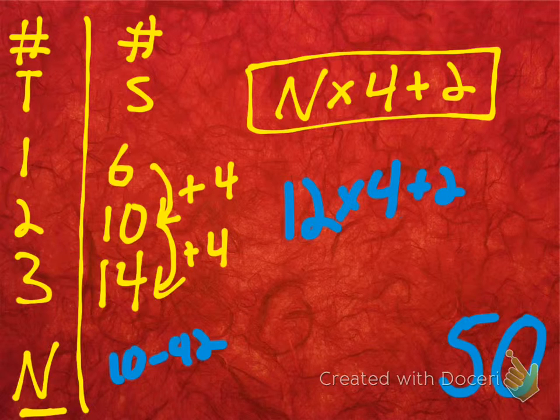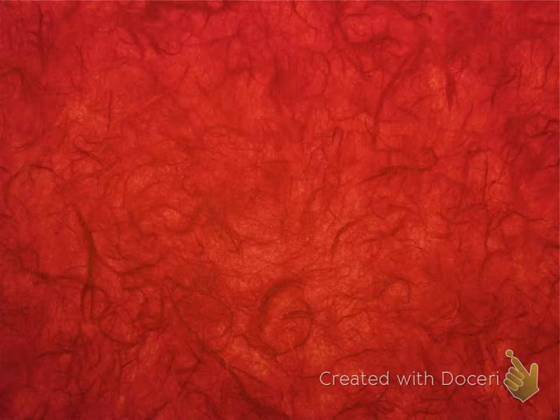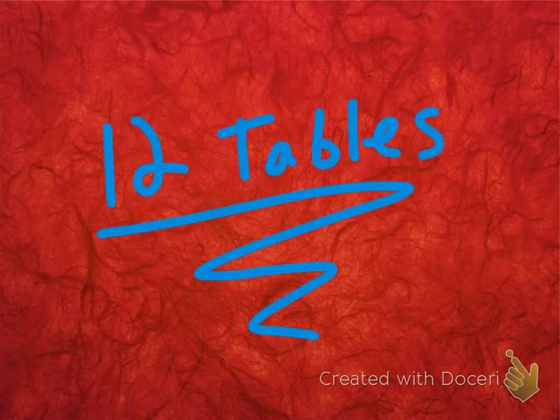Plus 2 is 50. So, how many tables do we need? 12. So your answer in the blanks below would be 12. Not the rule, not anything like that. All you're going to put is 12 tables. This is one to study right here because this is one of the most missed questions of last year.